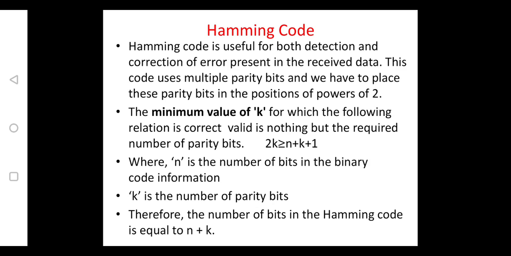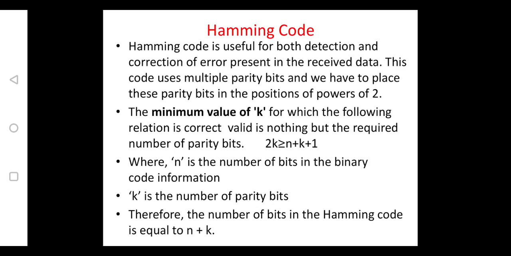The receiver will get the code word, and from the code word it needs to find out where the error is present, that is error detection. Once the error is found, then we need to correct the error. So the first thing in a code word representation is to find out how many parity bits are required for a given code word.